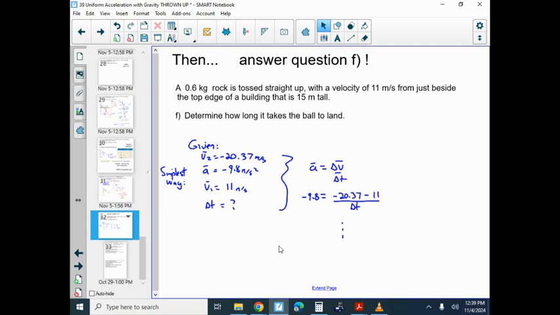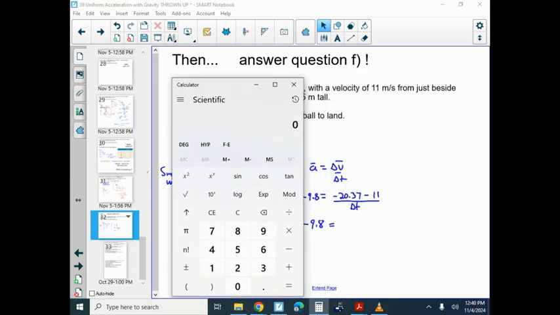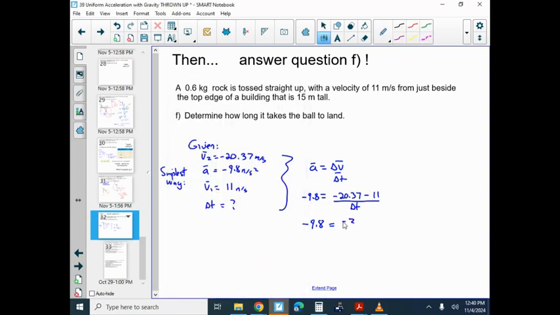So we can do this, the minus 9.8. We're going to have the negative 20.37. So I'm just going to do 20.37, making sure I have the right thing here. 20.37 and the 11 combined for a total of negative 31.37.